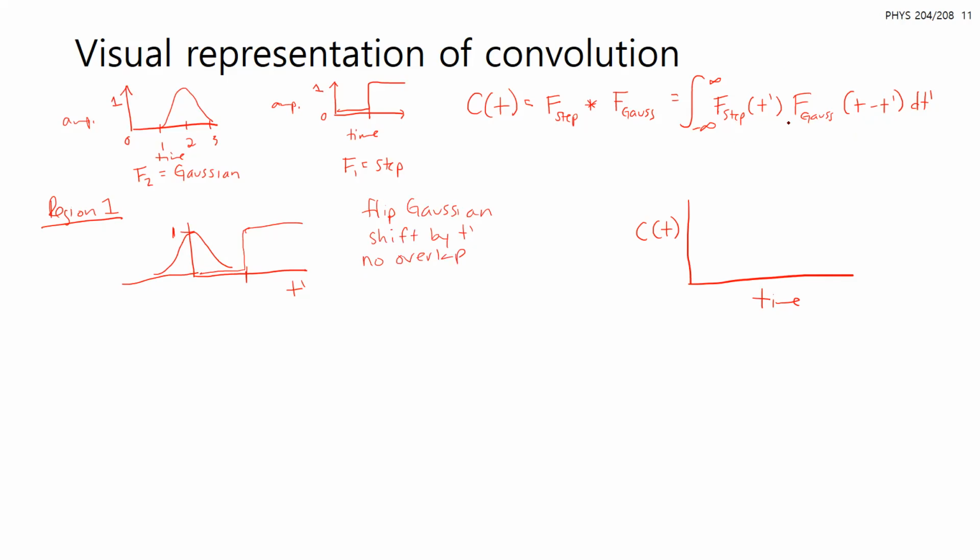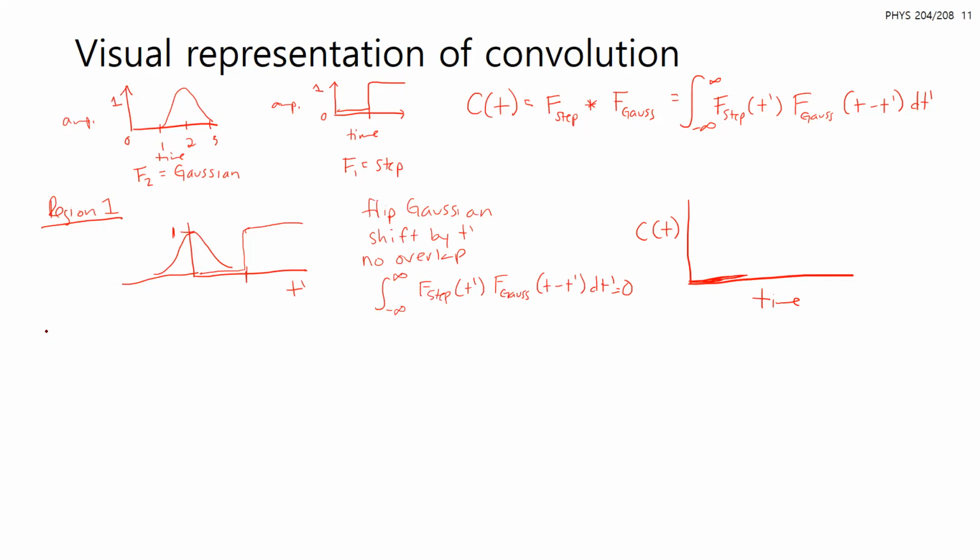So with no overlap in the integral, it's going to be equal to 0. So for the first portion of our convolution, there's a section where it just equals 0. That's the first region here. If there's no overlap between the two, that integral is equal to 0.